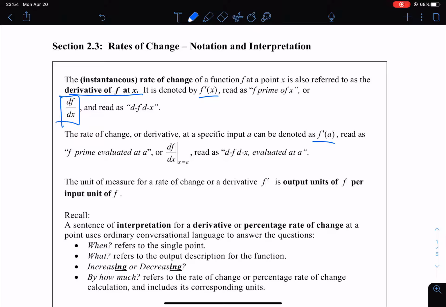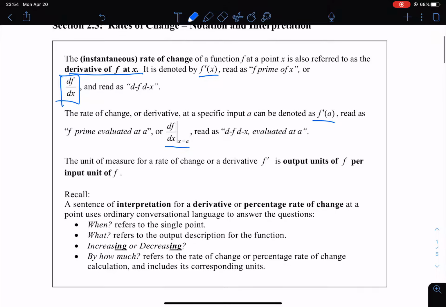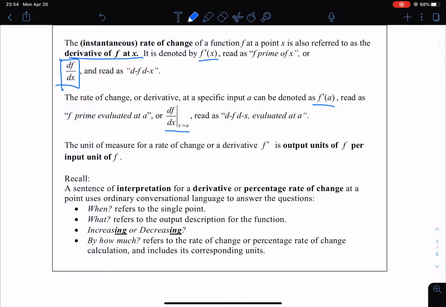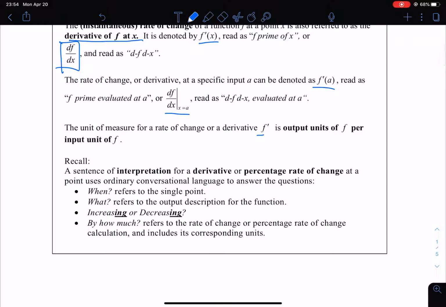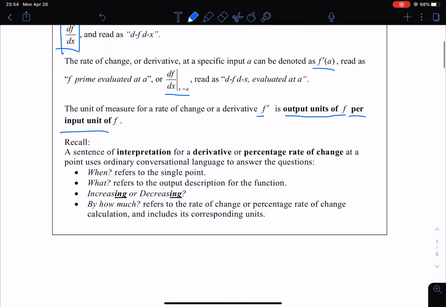And the other one is d/dx with the extra part, x equals a, read as d/dx evaluated at a. The unit for the derivative f prime is the output unit of f per input unit of f. And for the interpretation of the derivative, for a single point, we describe whether the output is increasing or decreasing, and by how much.